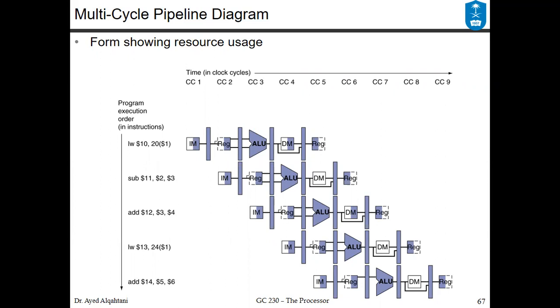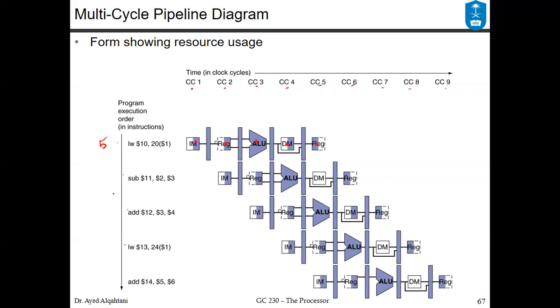But this also helps us find how many cycles I'm spending for this code that has these 5 instructions. You can calculate it this way. This is 1, 2, 3, 4, 5, 6, 7, 8, and 9 cycles. You could also calculate it by knowing that the load will definitely spend 5 cycles, these 5 cycles.